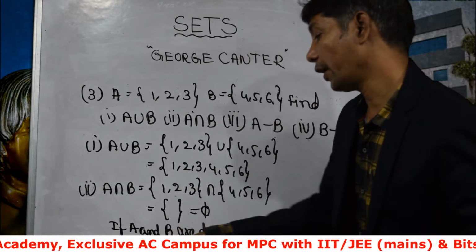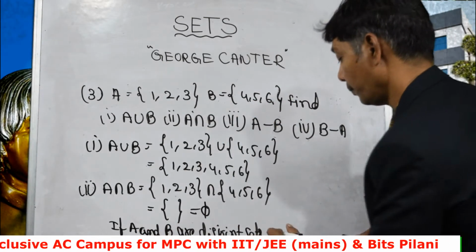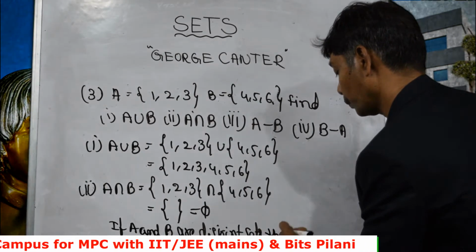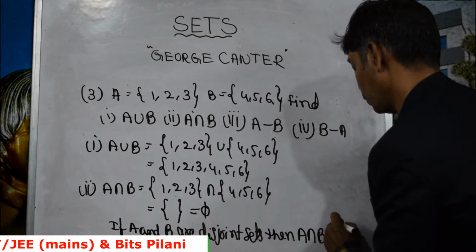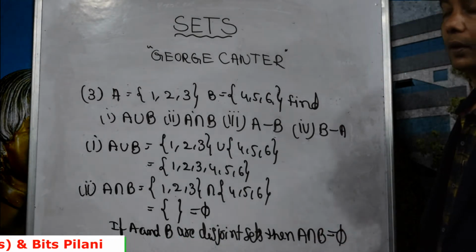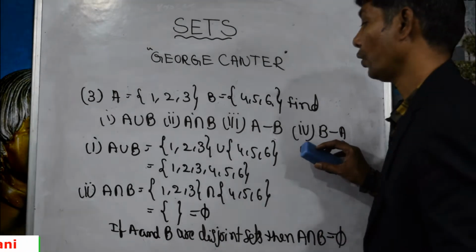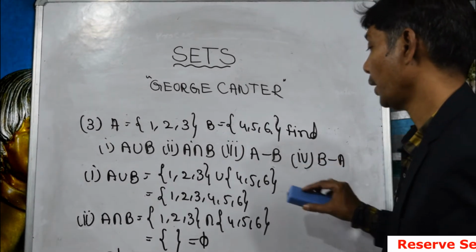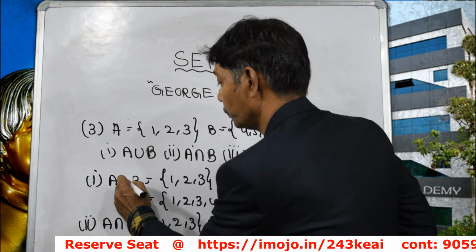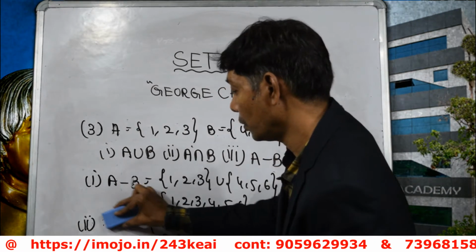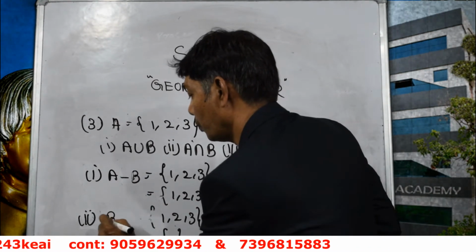That's why if A and B are disjoint sets, then A intersection B is equal to 5. So next you go for A minus B and B minus A. See, A minus B and B minus A.